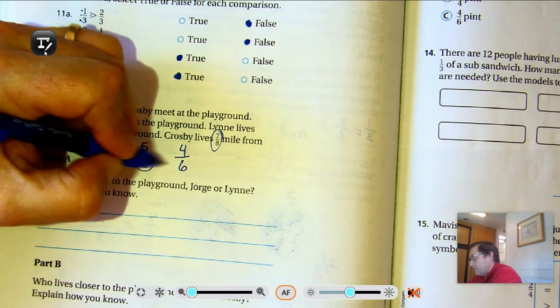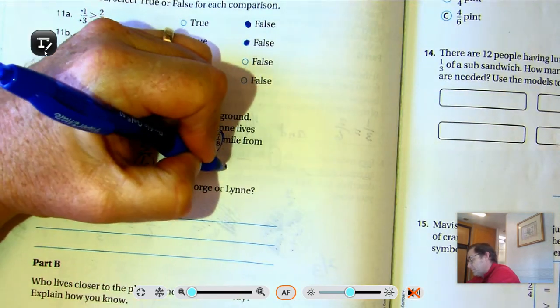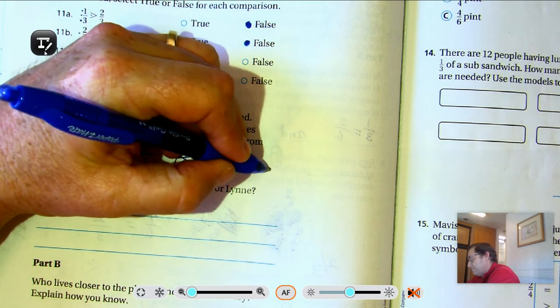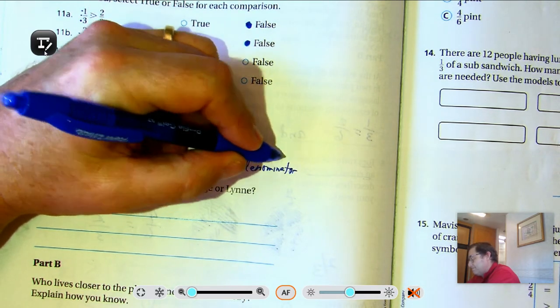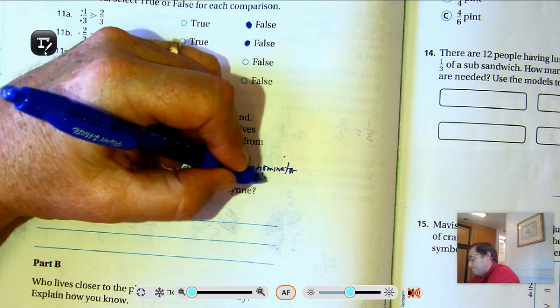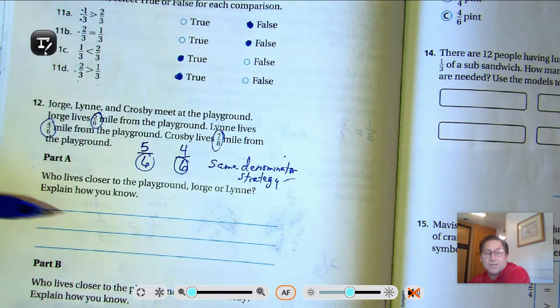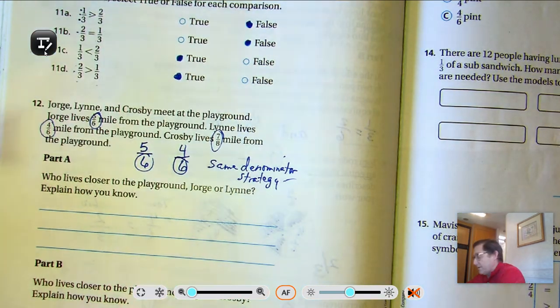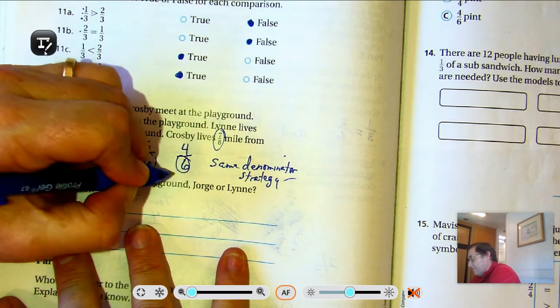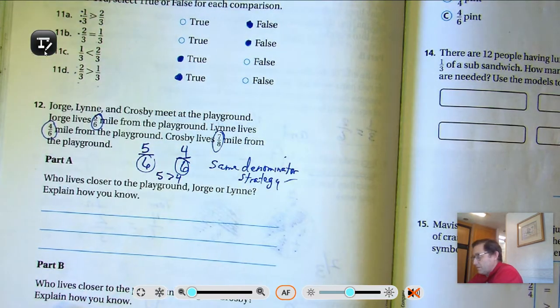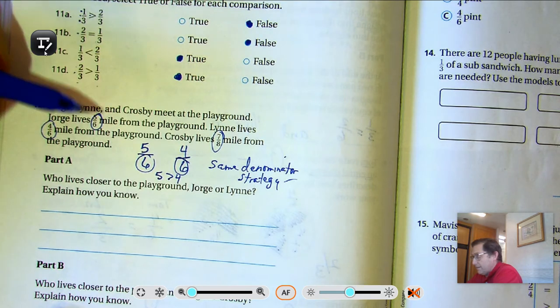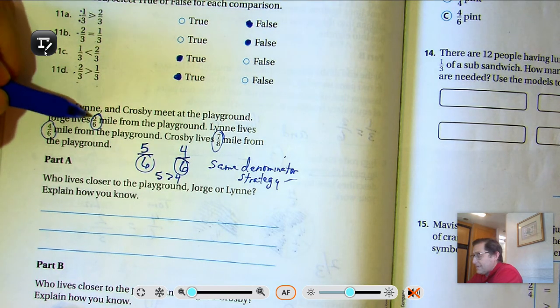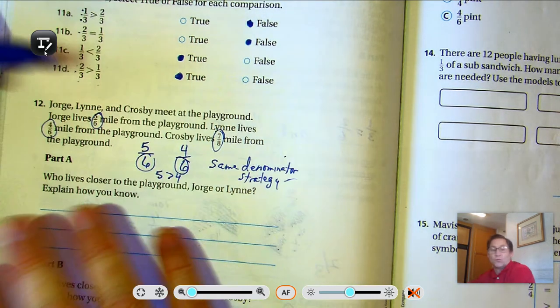Well, the denominators are the same. Same denominator strategy. And same denominator strategy says all we have to do is compare the numerators, and 5 is greater than 4. So who lives closer to the playground? He lives 5/6, which is a greater distance.